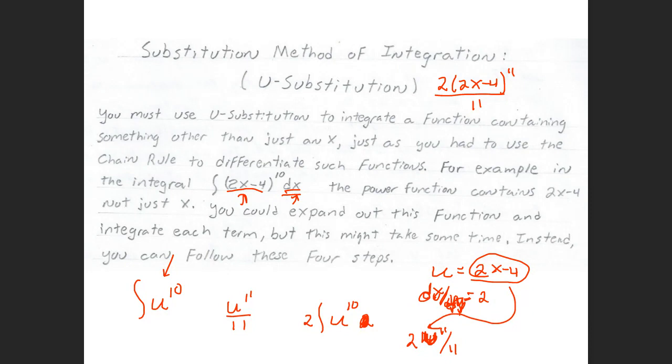Now, how can I check myself? Remember, we can always take the derivative, and we should always get what we started with, right? If I bring the 11 down, and this is a good review of the chain rule, bring the 11 down, so that would be 22 times, leave the middle alone, 2x minus 4 to the 10th power, times the derivative of the middle, which is 2, over 11.